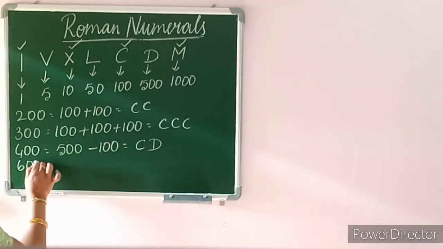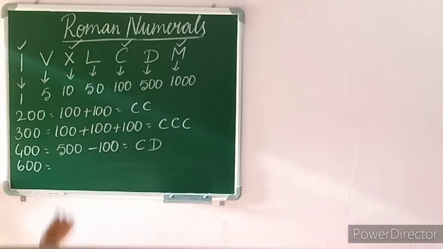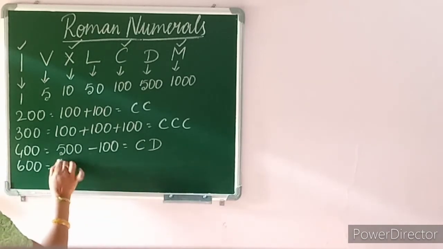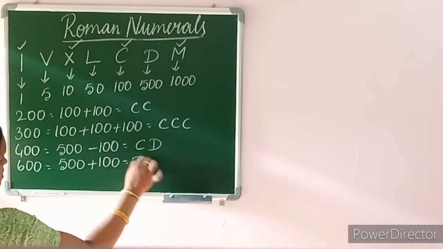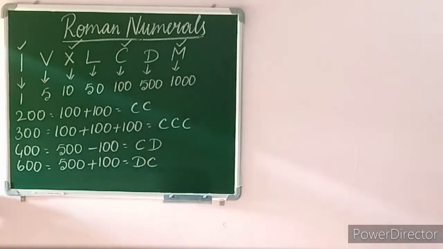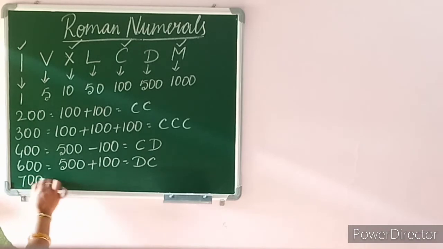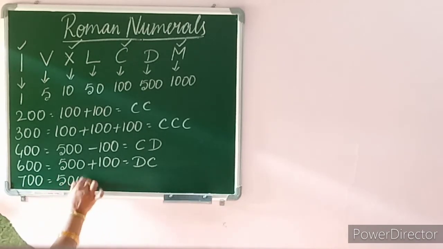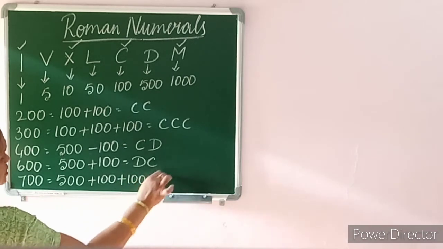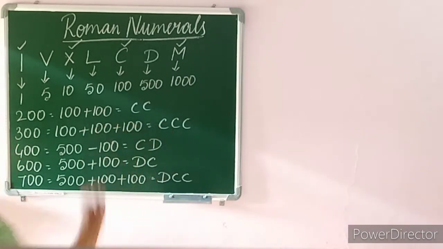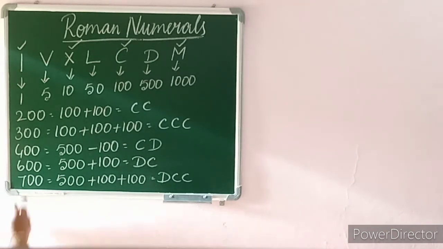Suppose it is 600, how will you write? 500 plus 100, which is DC, and 700, which is 500 plus 100 plus one more 100, which is DCC.